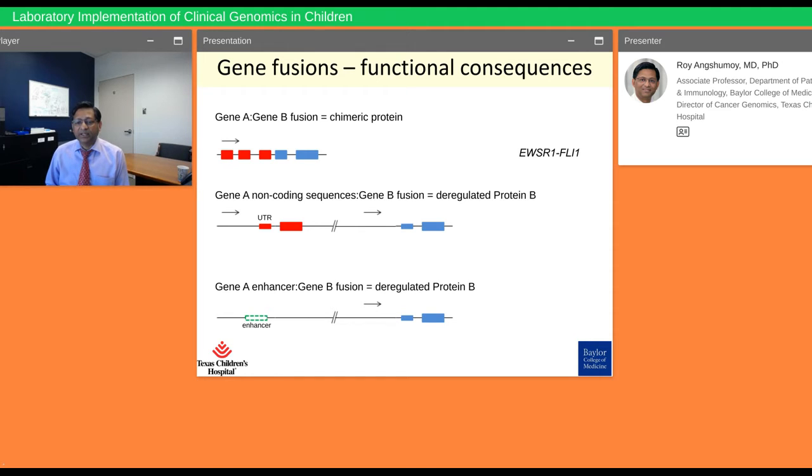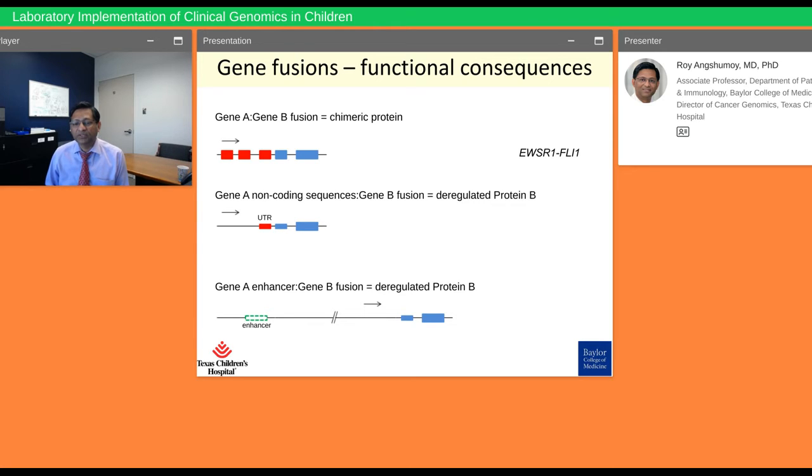The second category over here is where gene A and gene B form a fusion gene, but gene A does not provide any coding sequences to the fusion gene. Let's take a look at this. In this case, gene A has an untranslated region. This untranslated region is the only contribution of gene A to the fusion gene.